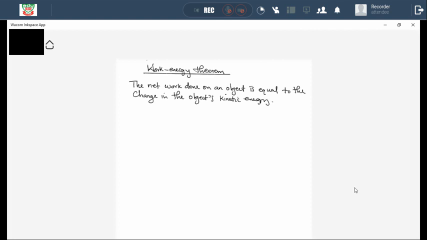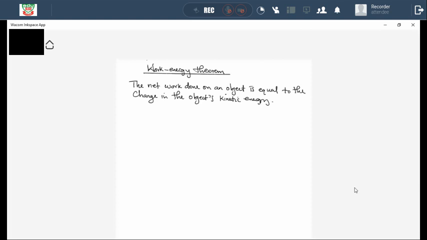So let's say there are forces acting on a particular object, moving it from point X to point Z. Now, if we calculate the net work done by those forces on that object, that will be equivalent to the change in its kinetic energy.